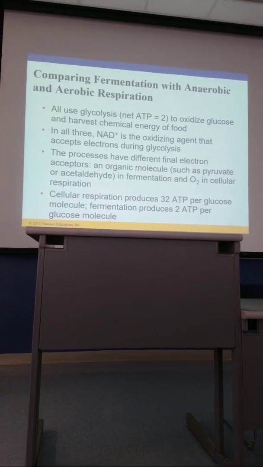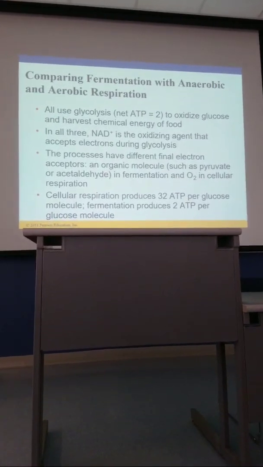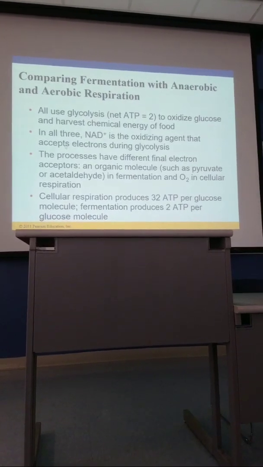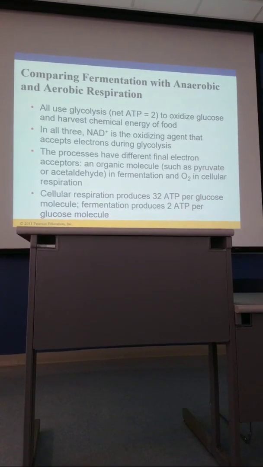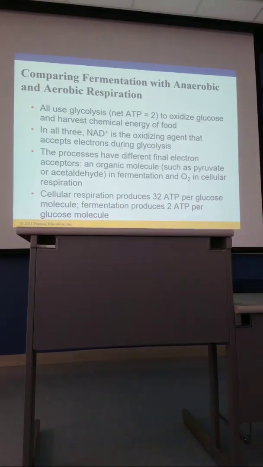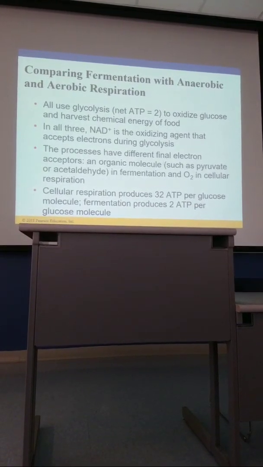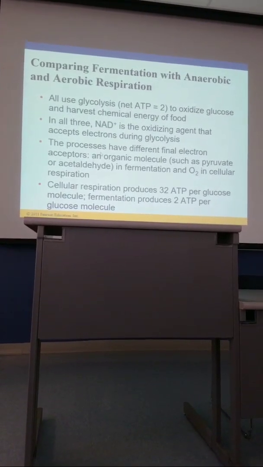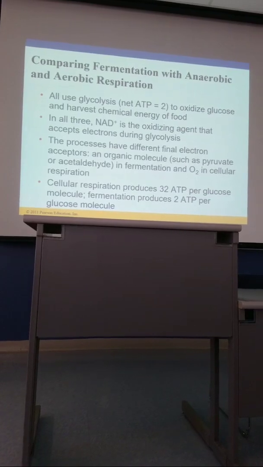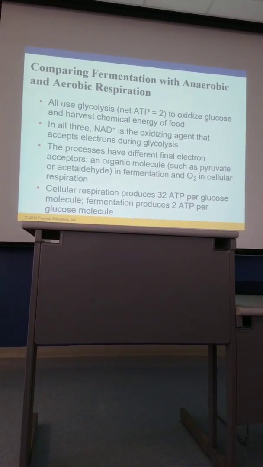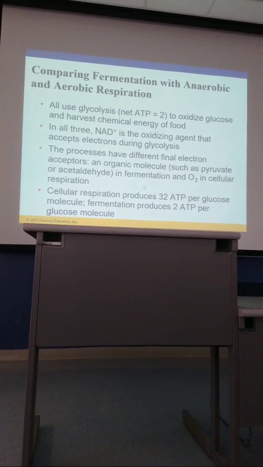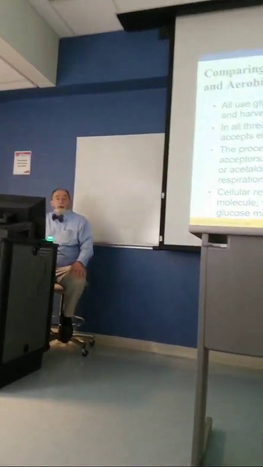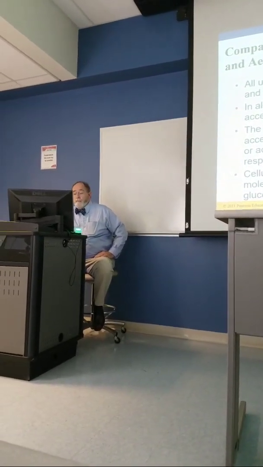Comparing fermentation with anaerobic respiration, glycolysis is the same in all three. NAD+ is the oxidizing agent that accepts electrons during the glycolysis process. I don't really want you to remember all of that much, just remember the products. Fermentation is going to be alcohol and carbon dioxide. In muscle cells, the product will be lactic acid, and it does not produce carbon dioxide.